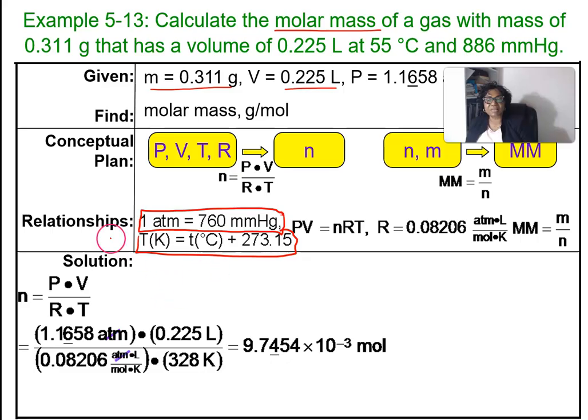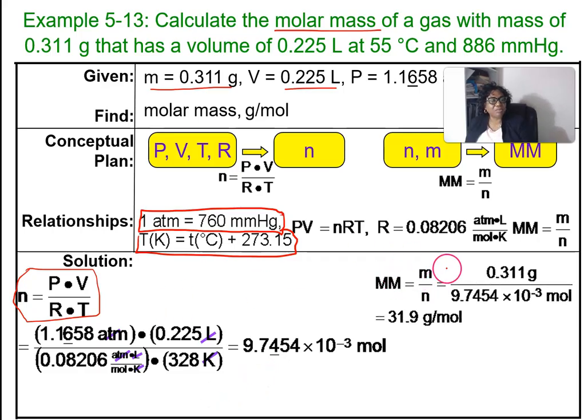Now we want to find n. Our n is 9.7454 times 10 to the minus 3, which to 3 significant figures is 9.75 times 10 to the minus 3 moles. Now we rearrange this to get our molar mass. So our molar mass is m over n, and the molar mass of our gas is 31.9 grams per mole. So that is how we find the molar mass of a gas.